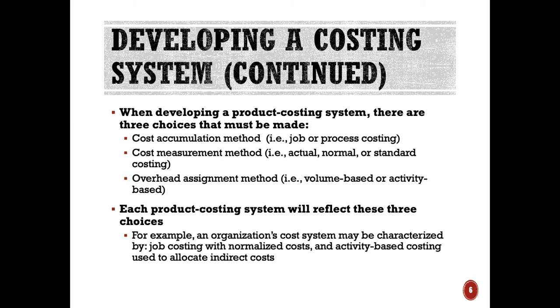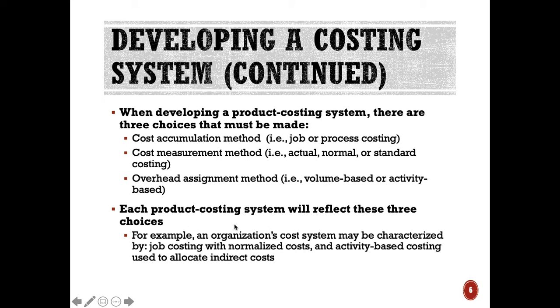And then cost measurement method, for example, actual, normal, or standard costing. And then overhead assignment method, for example, volume based or activity based. We will learn all of this together in the next slides.